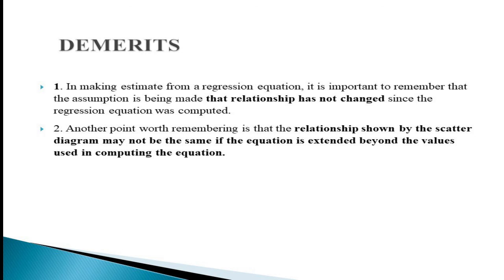That means if the variable values are extended beyond certain values, the relationship may not be the same, but the assumption we make is that the relationship is not changed. So these are the two demerits of regression analysis.